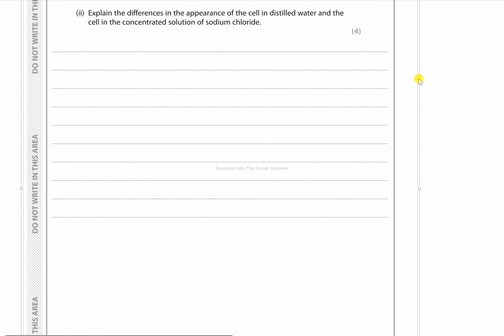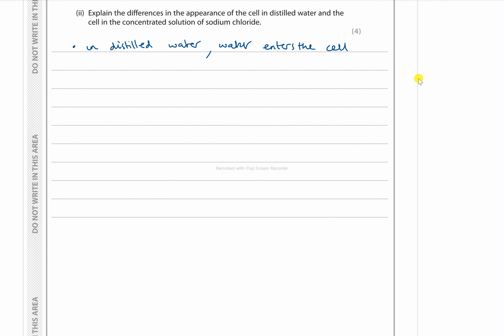So in distilled water, water enters the cell via a process called osmosis from an area of high water potential.